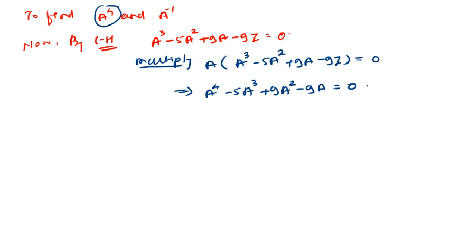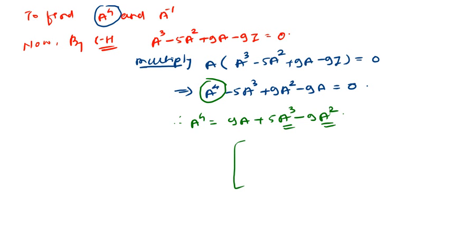You need A to the power 4, therefore A to the power 4 will be 9A plus 5A cube minus 9A square. So put the values for A cube and A square, and you will get the matrix A to the power 4.